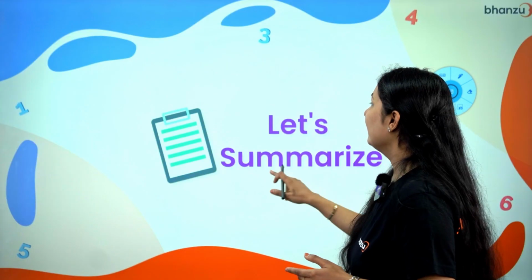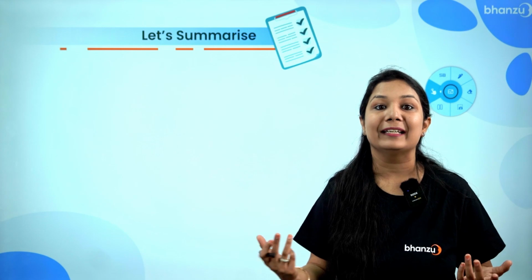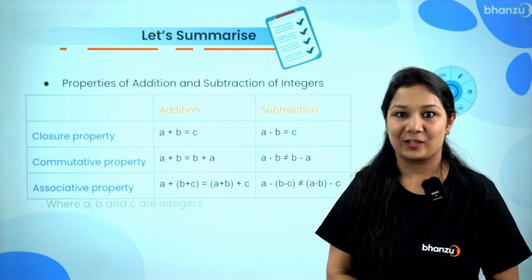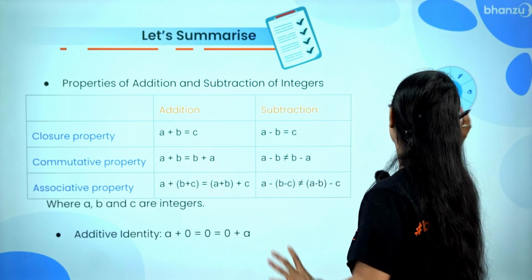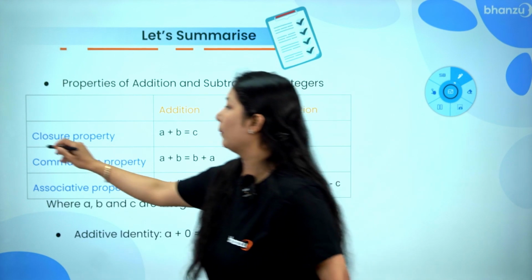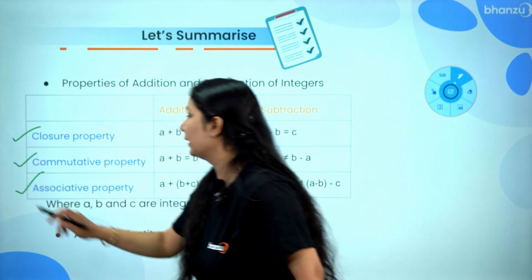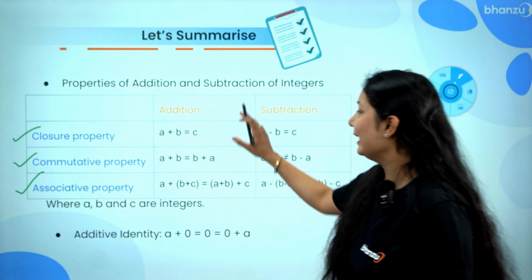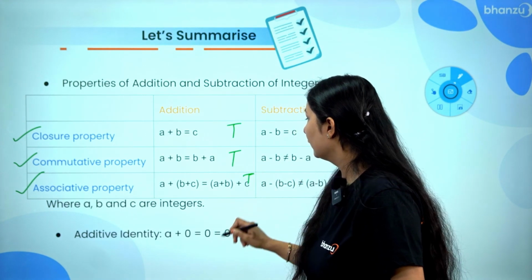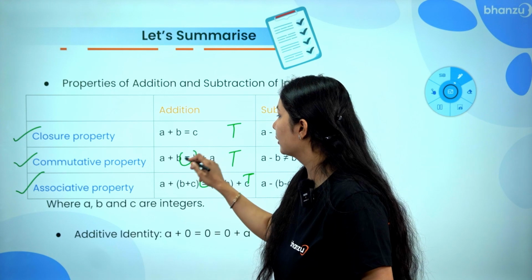So now it's time to summarize what we learnt in the session today. We talked about properties of addition and subtraction, and I have made a small table for you so that you can recall everything. So we talked about the closure property, commutative property and associative property. Under addition, all of them were true. What tells us that? The equals sign.